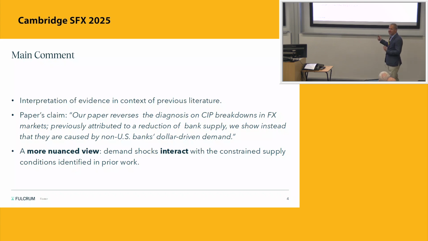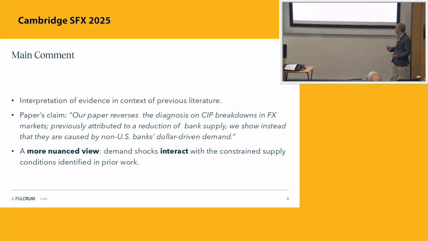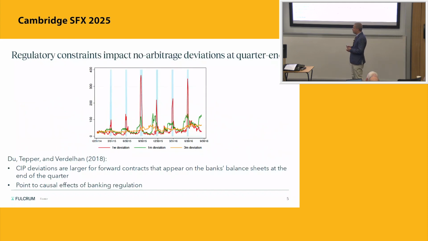But my interpretation is that I would give it a more nuanced view in terms of demand shocks. The powerful demand shocks that are identified in this paper interact with the constrained supply conditions that are identified in prior work. And let me be more specific.